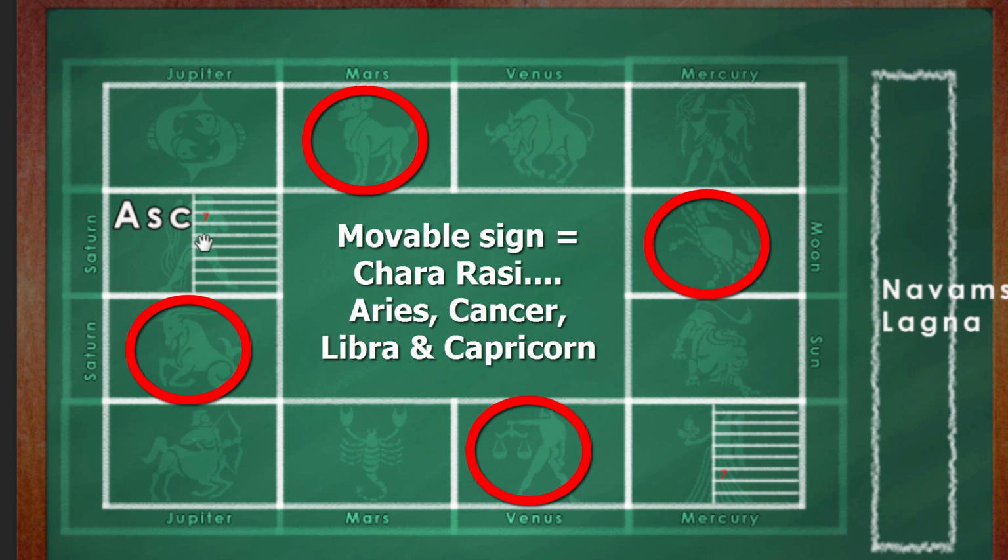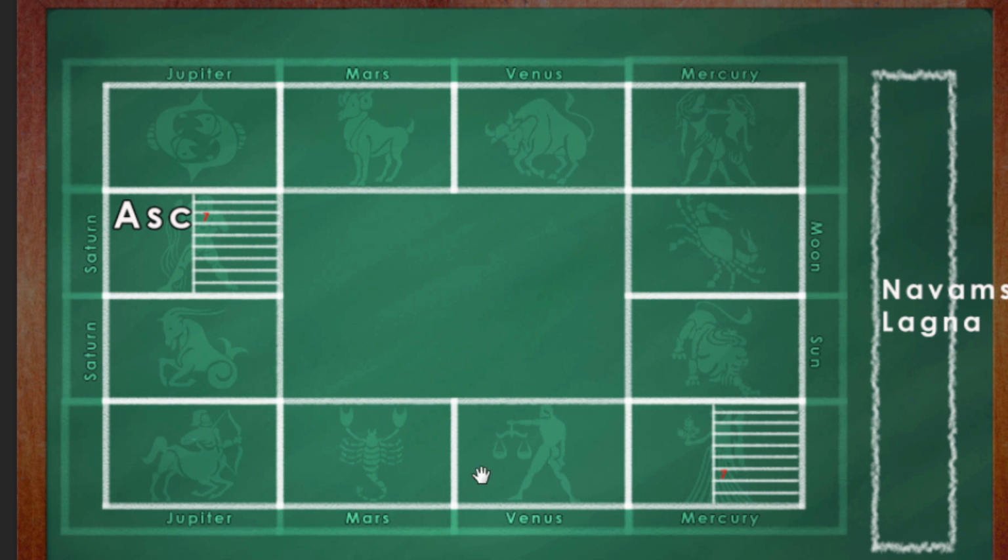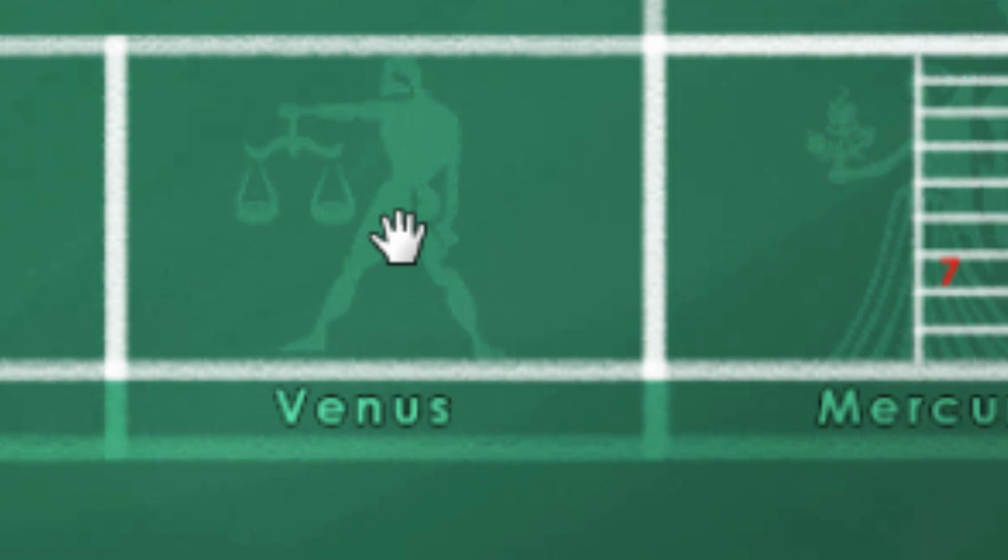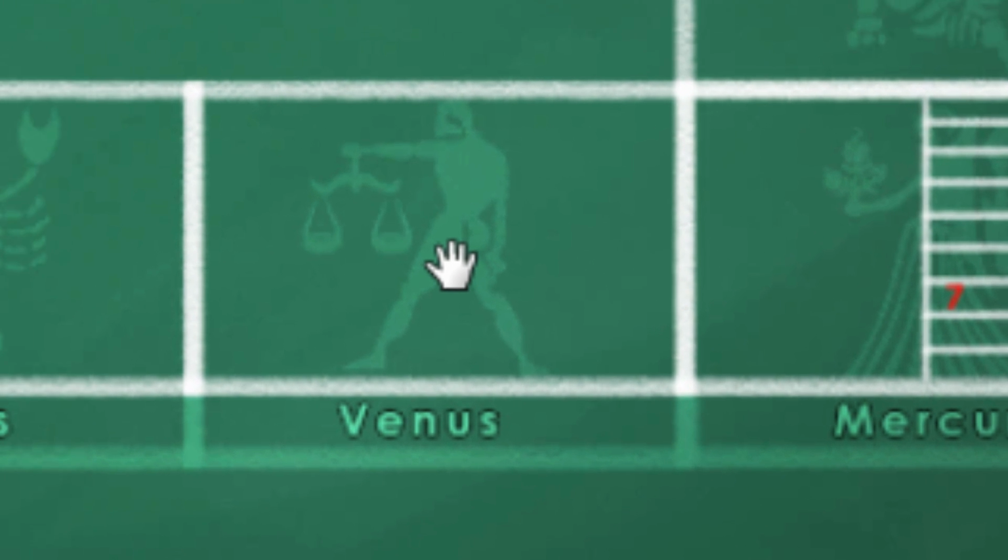If any movable sign is in any of these houses, that house becomes the starting point. So you know that this is where the ascendant is, and this is not a mobile sign, and this is also not a mobile sign, but this one is a mobile sign. This one is Thula or Libra. So the counting starts from here, and count 1.